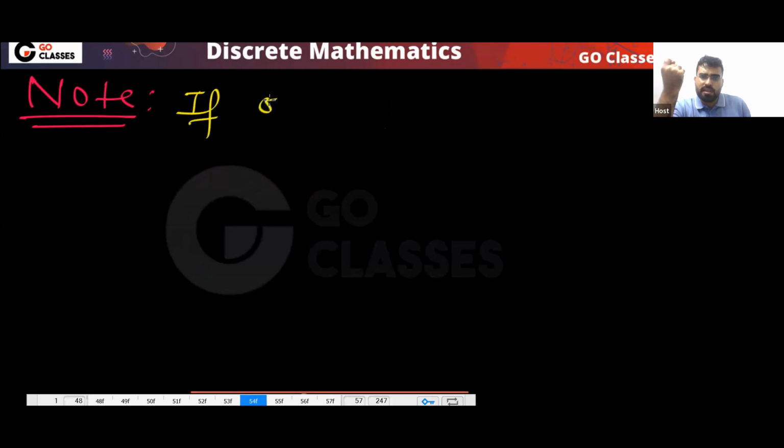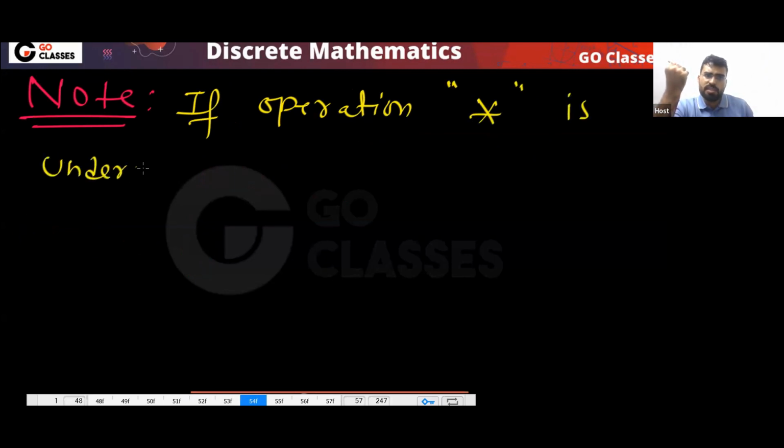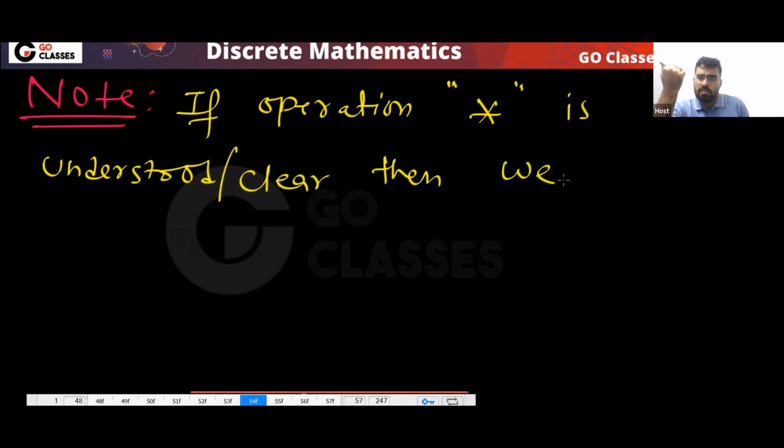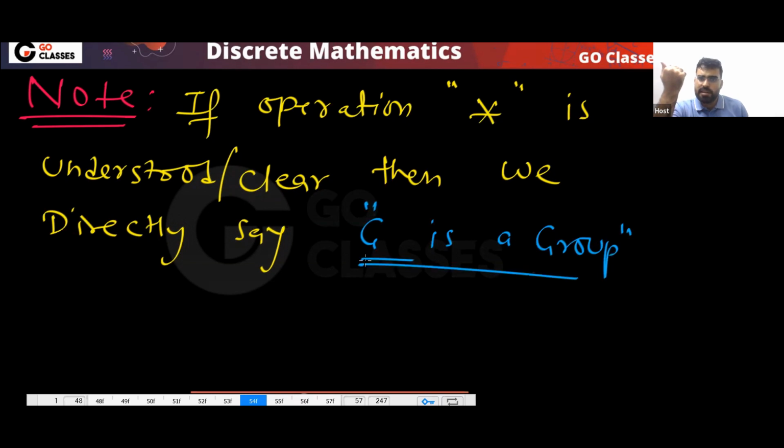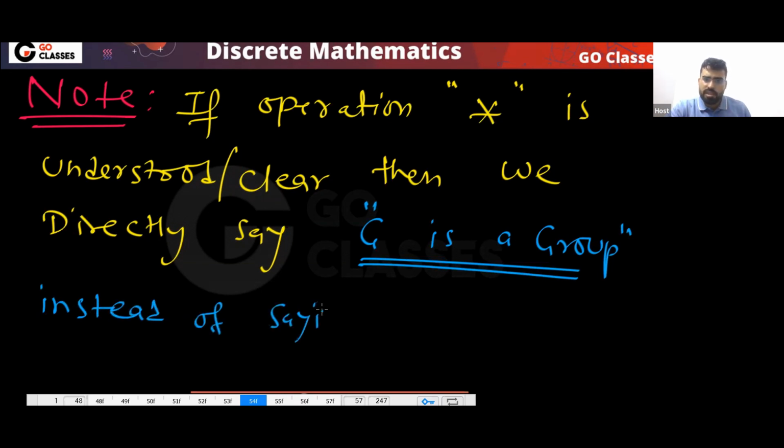If the operation star is understood, if the group operation is clear, then we directly say G is a group, instead of saying G comma star is a group.